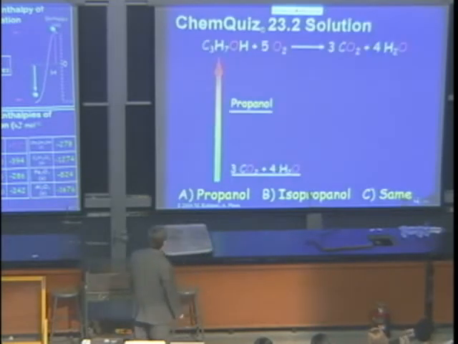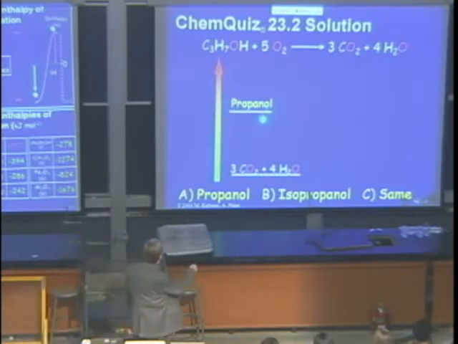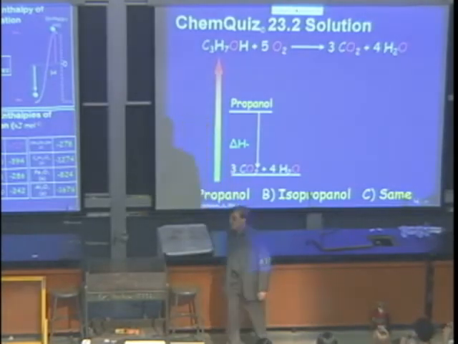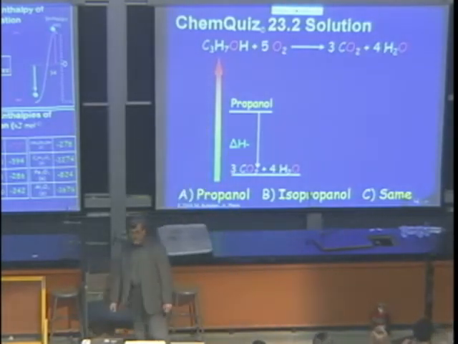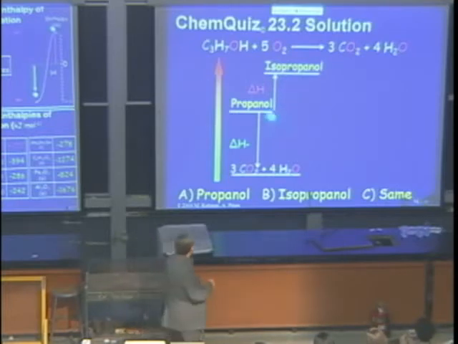And with this, what does it burn to? It's a hydrocarbon, so it burns to CO2 and water. The hydrocarbon is propanol, that's our reaction here. It releases energy, a negative enthalpy term. That means it releases heat. Delta H is negative. Now, in order to make isopropanol, I have to put in some extra energy.